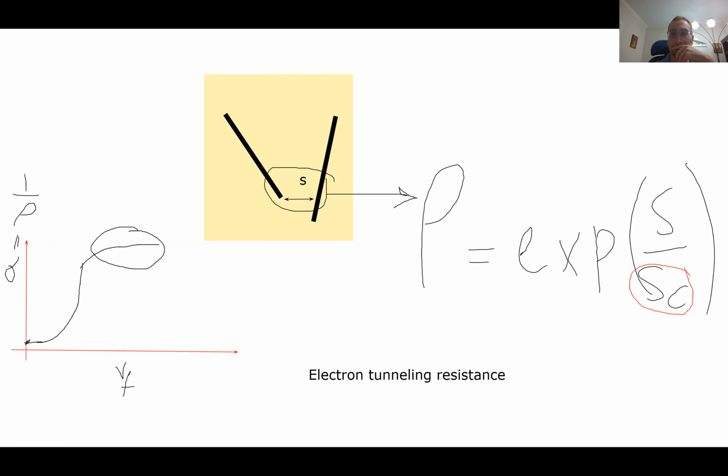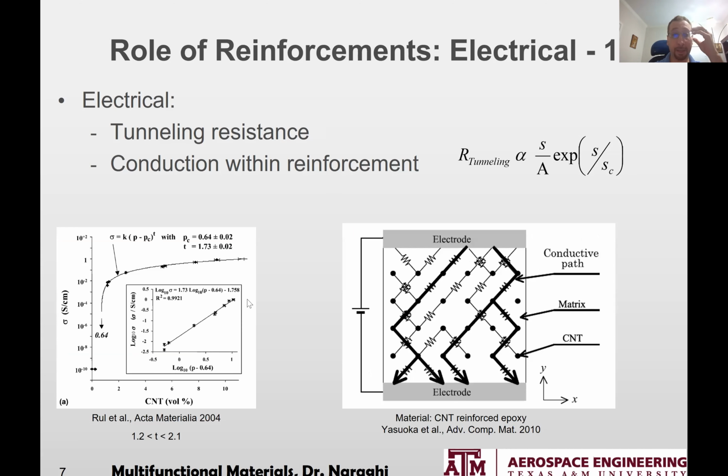If I go back to my slides, I can replace the network of carbon nanotubes that are transferring electrons from one end to the other with a network of conductive carbon nanotubes, which are just like resistors, connected to each other with this tunneling resistance.